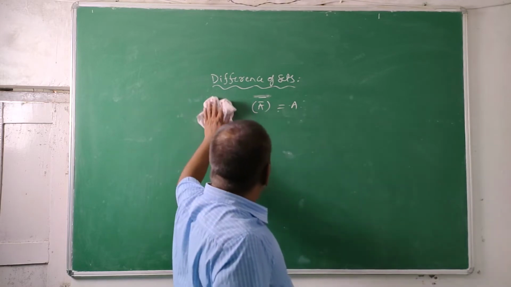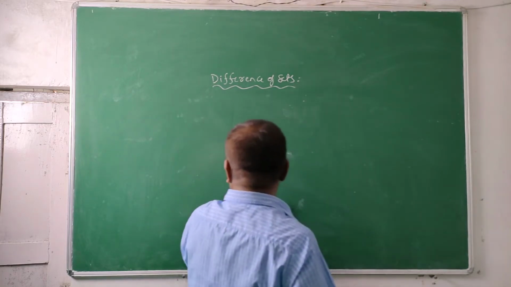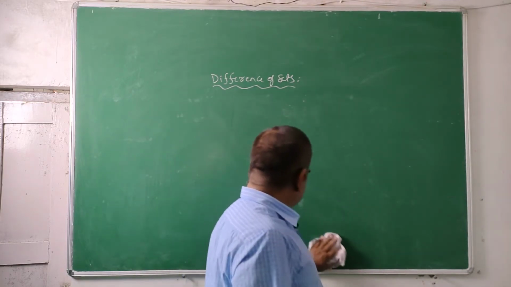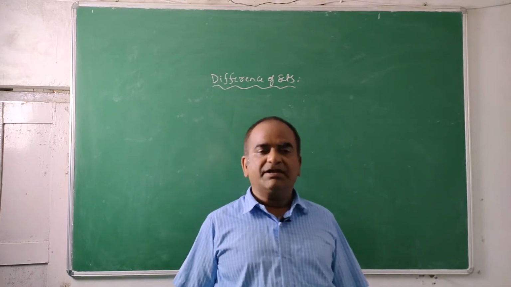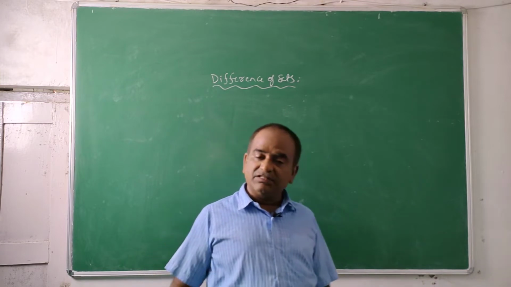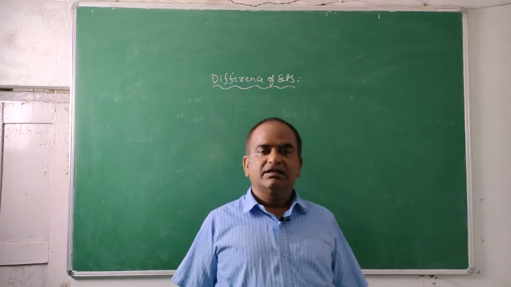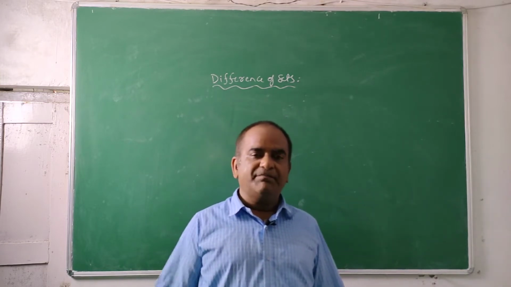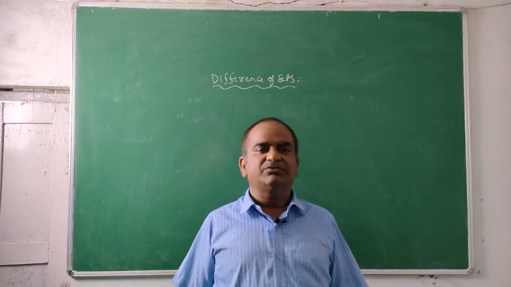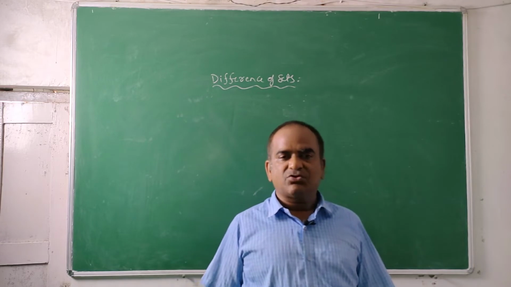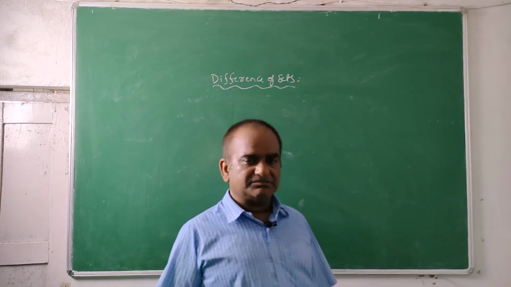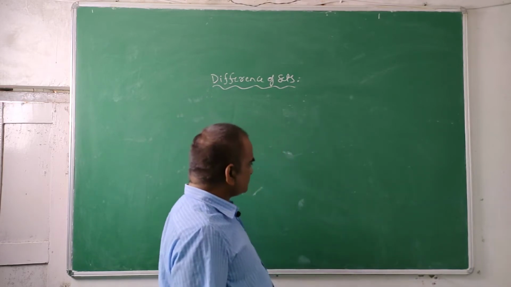Now, I am going to define what is an ordered pair. This is also important in algebra, ordered pair. In geometry also we use ordered pair in coordinate geometry. So everyone should know what is an ordered pair. See, I will explain.